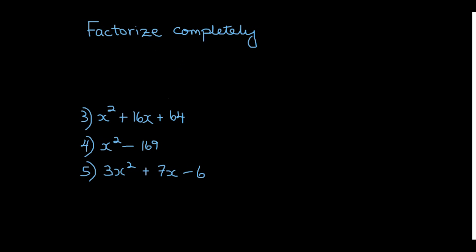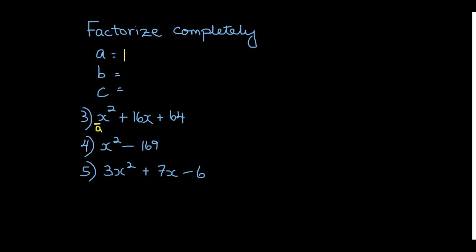So, we want to identify A, B, and C. Anybody want to tell me what is A, what is B, what is C? Lovely. So A is 1 because the coefficient of x squared is 1.